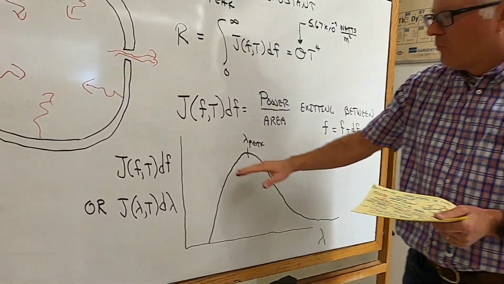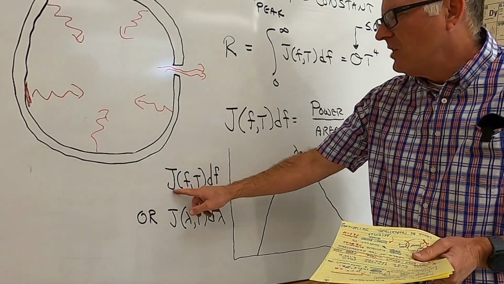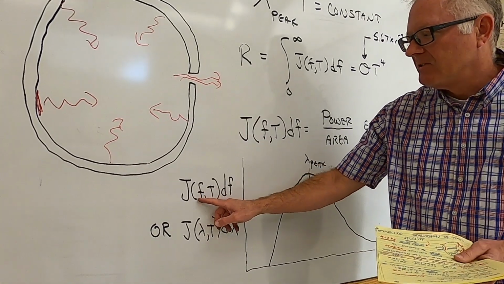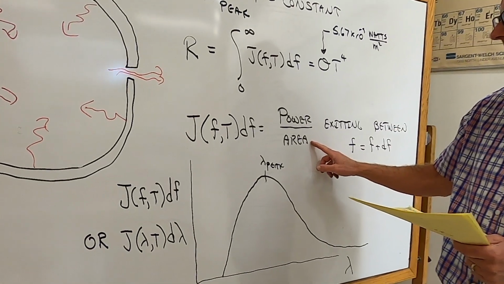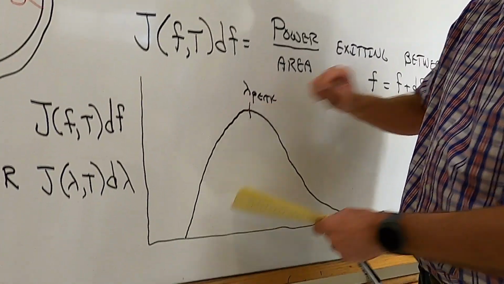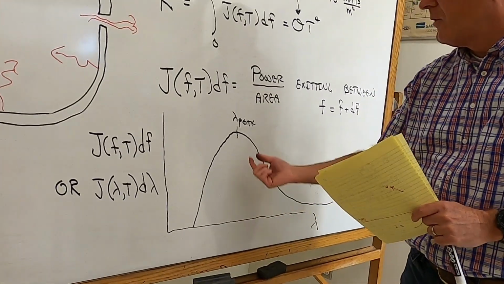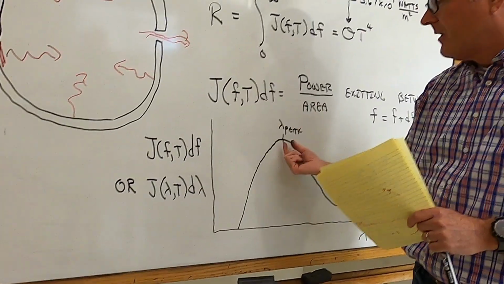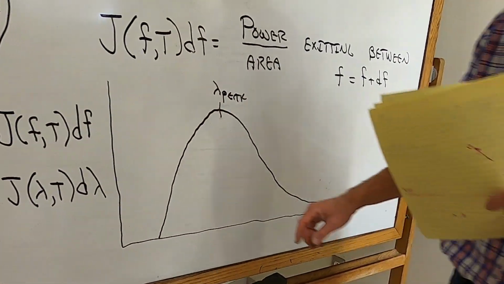And remember, what we're plotting on this axis is J of F, T. It means J was just a function of frequency and temperature. It's a power per unit area, but it was normally per frequency. Now if we multiply it by dF, then what we're really plotting out is the area right here.